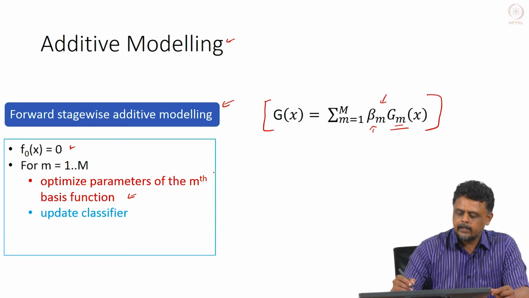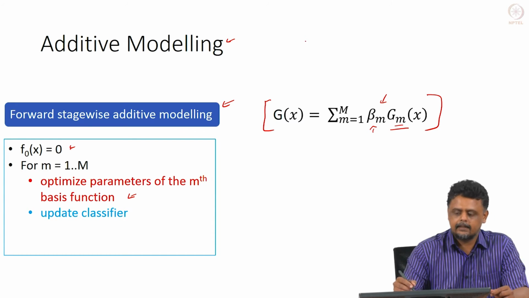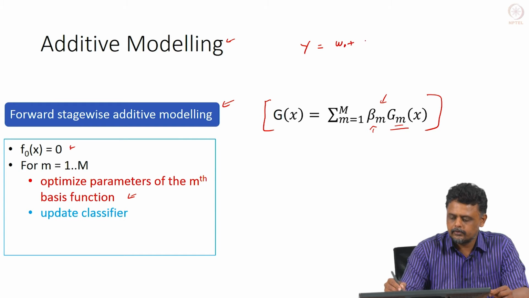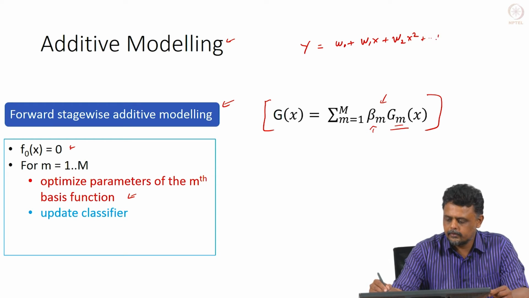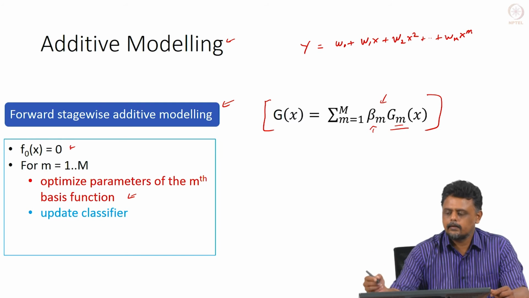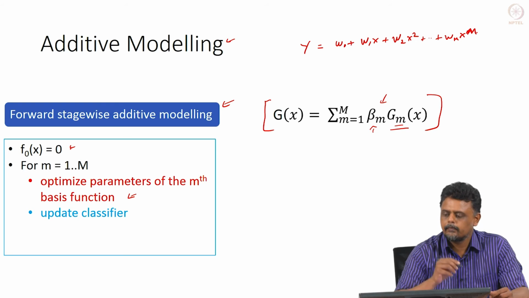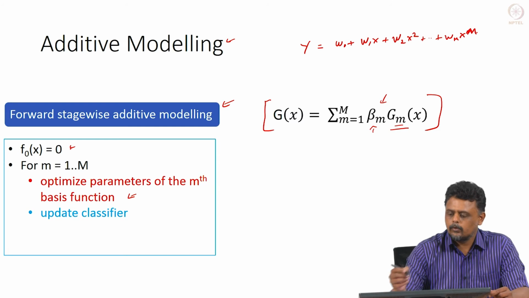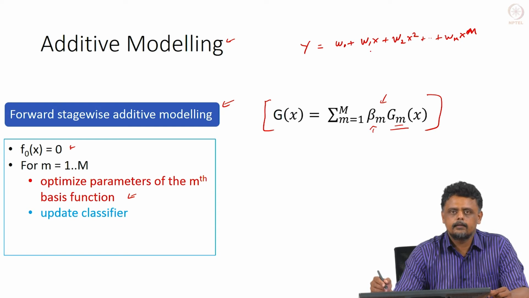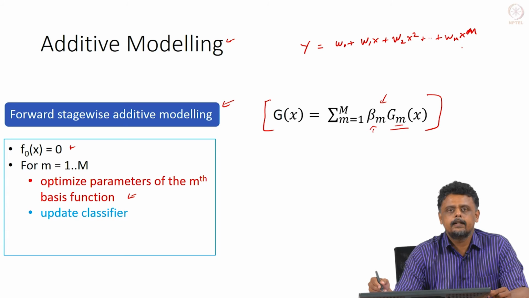Let us say if you are doing regression, we can model y as w naught plus w1 x, and so on, plus wM x to the M, capital M. This is one of the models that we have seen in linear regression.